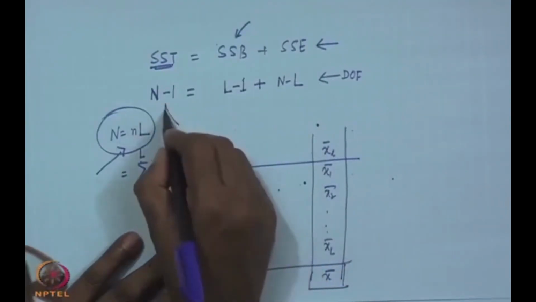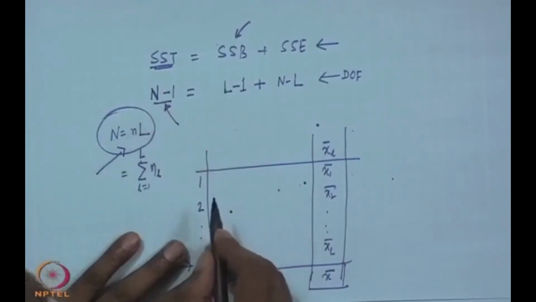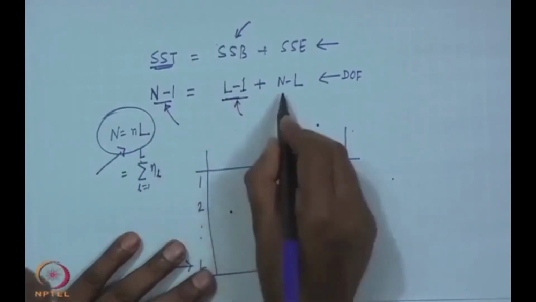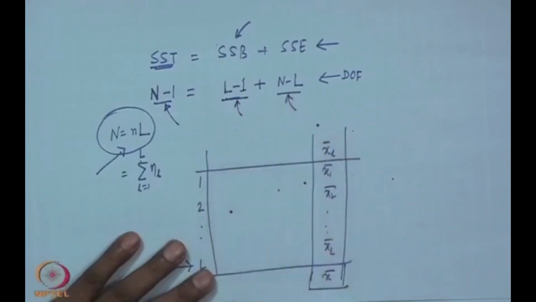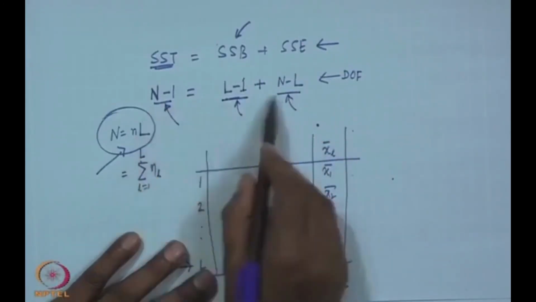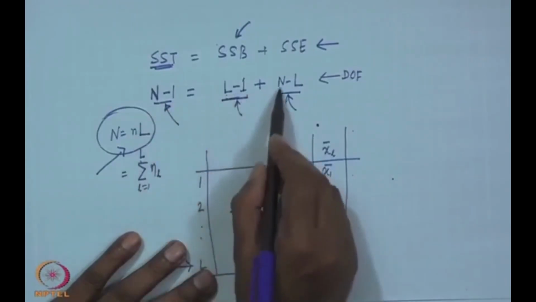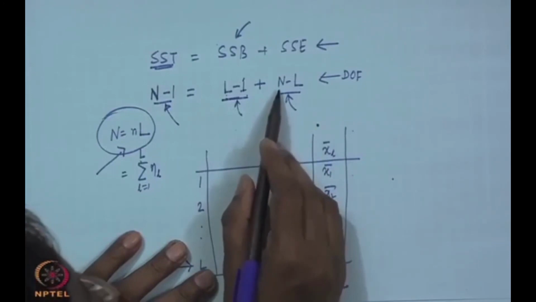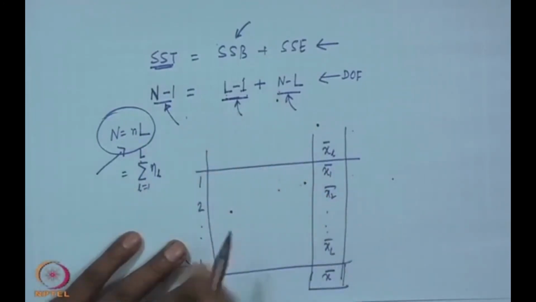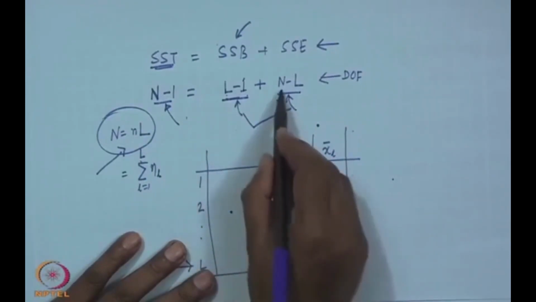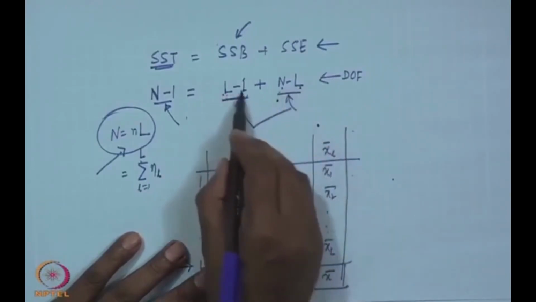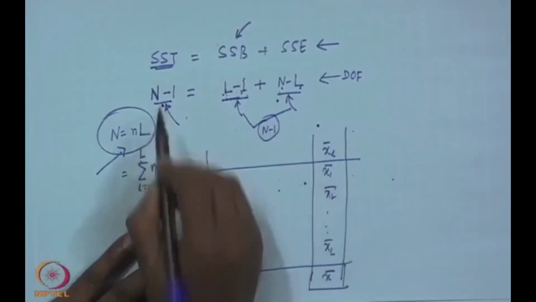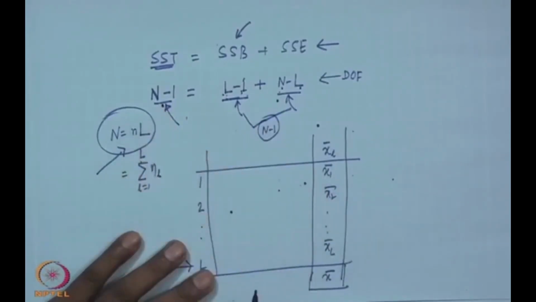The total degrees of freedom is N minus 1, SSB's degrees of freedom is L minus 1, and SSE's degrees of freedom is N minus L. If you sum L minus 1 plus N minus L, it is nothing but N minus 1. Keep this in mind.